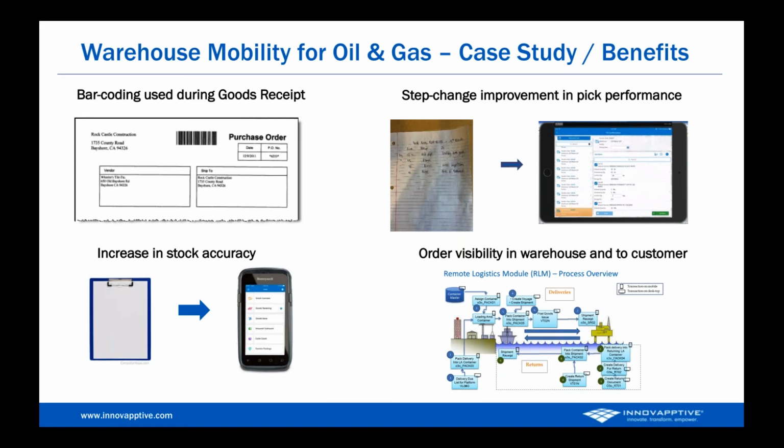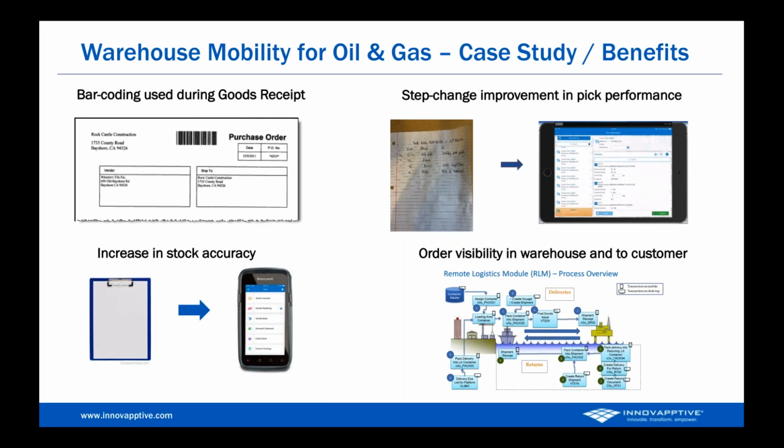And then finally, the last area that we looked at is a particular process which is specific to oil and gas. When you move from the onshore warehouse offshore to platforms or drilling rigs, a lot of companies are losing visibility. They do the goods issue at the warehouse, it goes into the ether and then turns up hopefully on the platform about 5 days later through the shipping process.